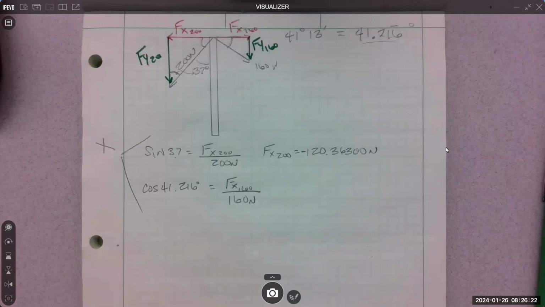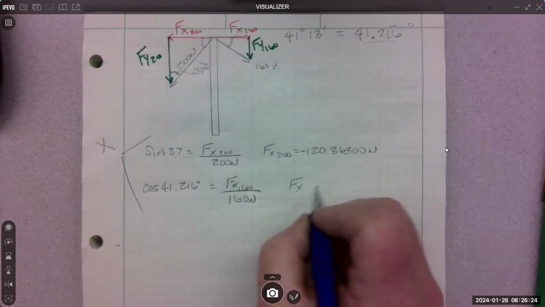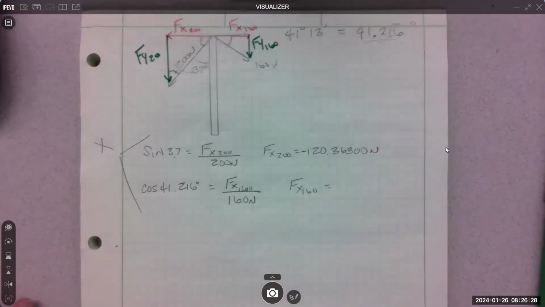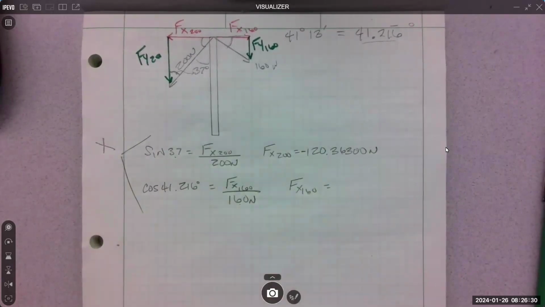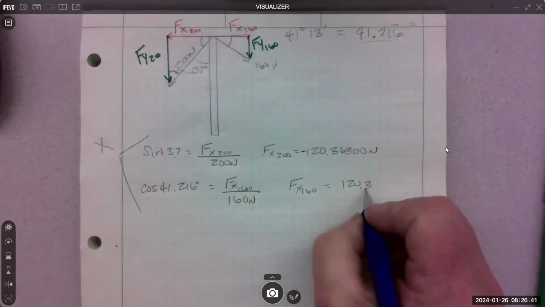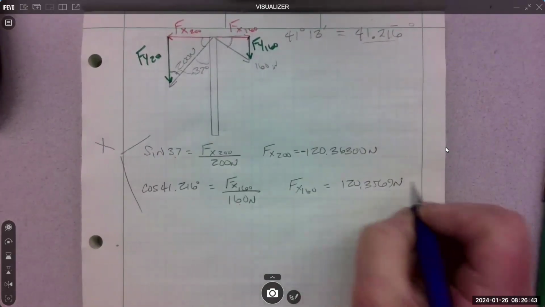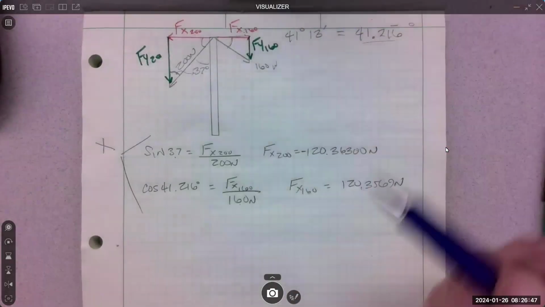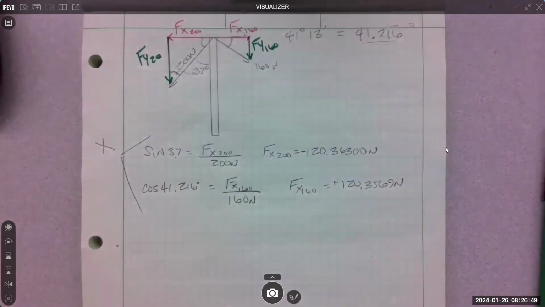So this Fx of the 160 is equal to 160 times the cosine of 41, which is 120.3569. And that's going in which direction? Positive.